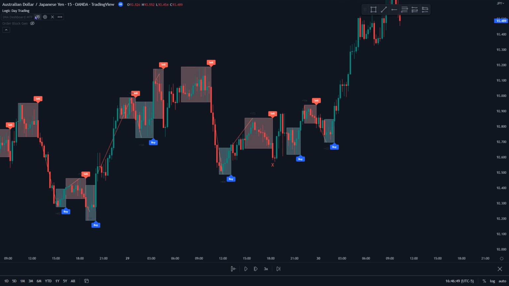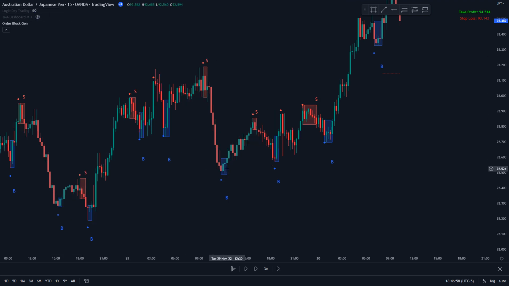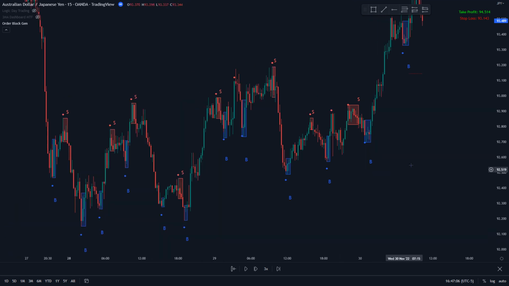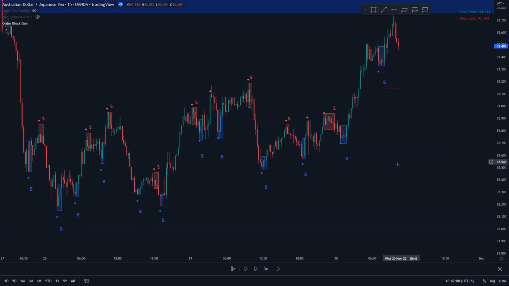Now, when you turn the order block gen on, if you keep your eye on this area, you see the order block shows up here. When you find an order block nested inside of a logic day trade zone, you want to keep your eye on that order block. Again, not all order blocks are going to be respected, but that's why we are going to try and find the highest probability ones to trade from, right?